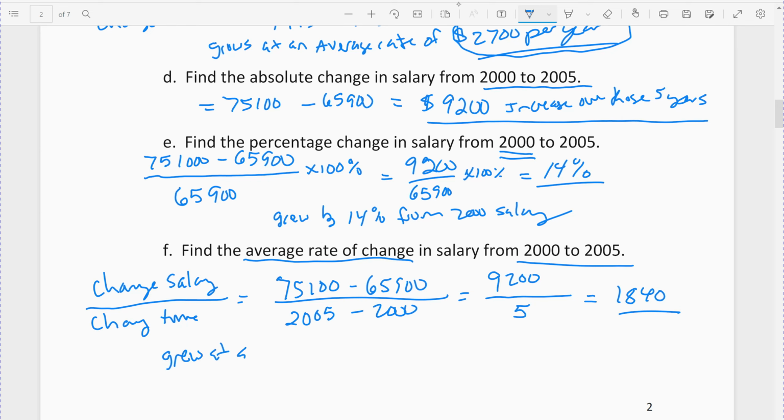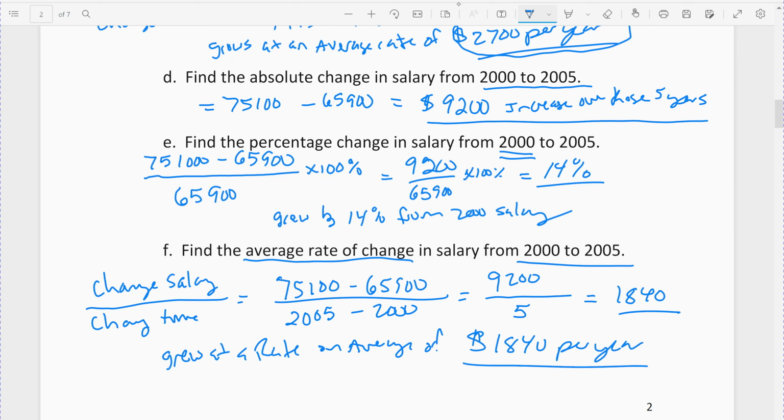It grew at a rate, on average, of 1,840 per year. So every year, that's how much more we get to add to our salary. To check the answer, if I took the 65,900 and added 5 of these, because that's how much I add every year, it should add up to the 75,100. And it does. If you check it, it does.